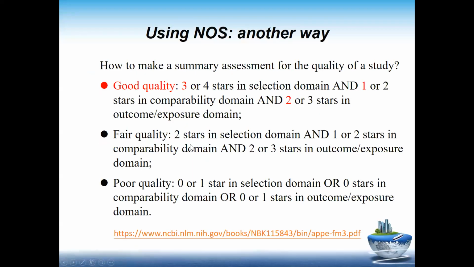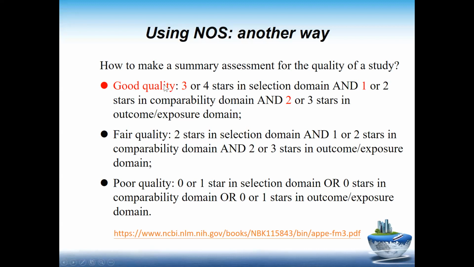But another way to do it, which I think is better, is proposed by the AHRQ, the Agency for Healthcare Research and Quality of the United States. It's proposed by that agency. So this way of rating is like this.